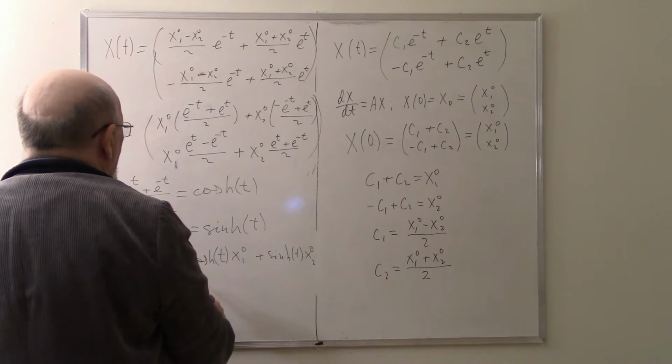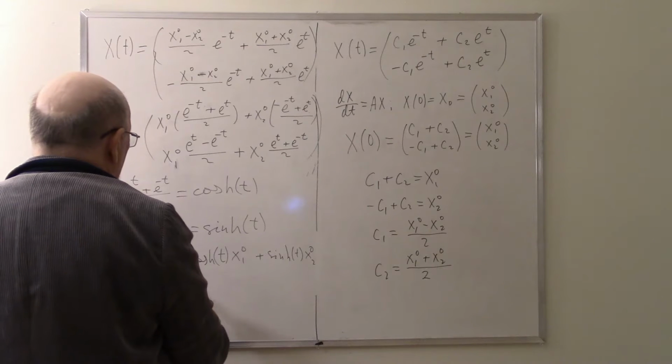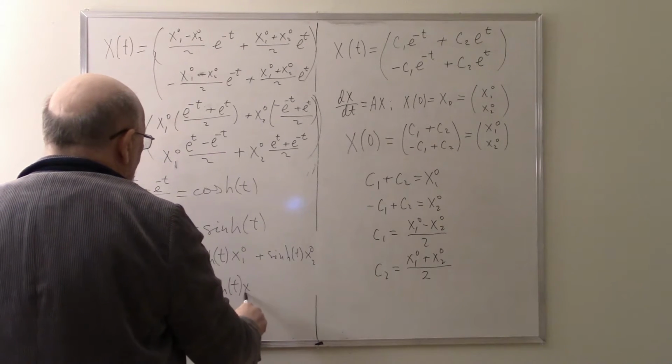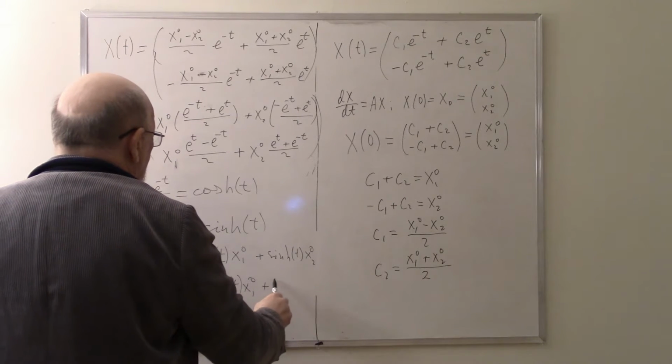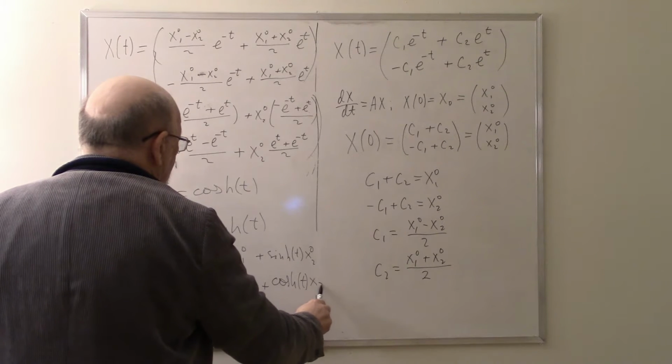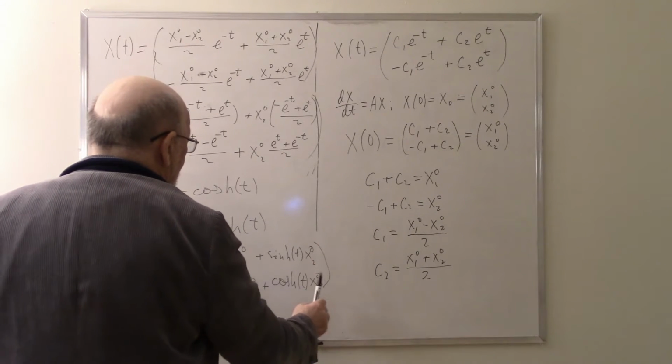Here we have sine hyperbolic of t x1 0 plus cosine hyperbolic of t x2 0.